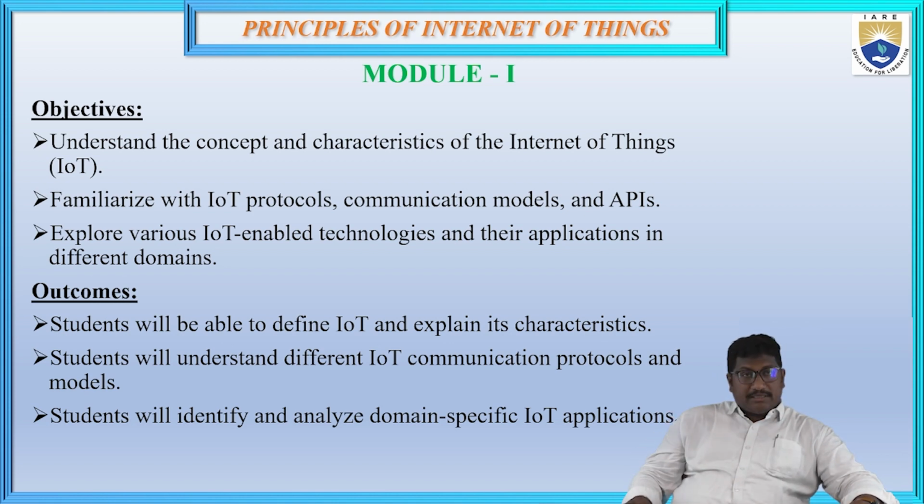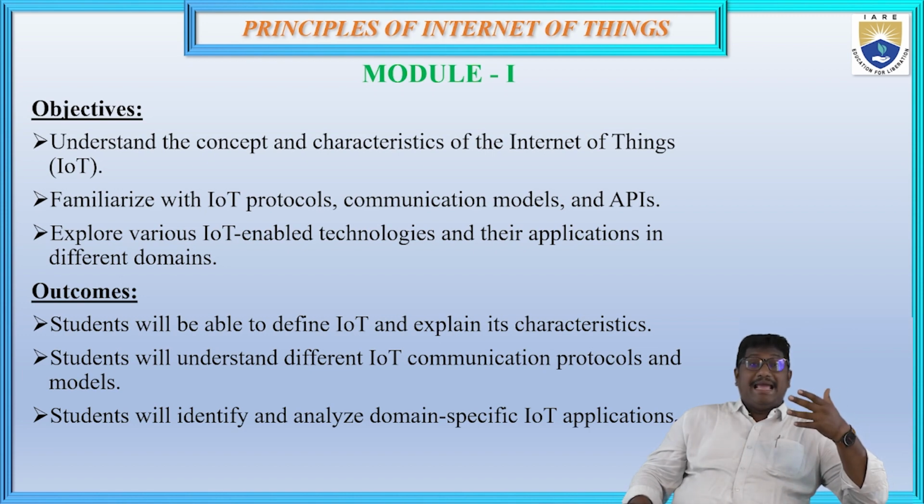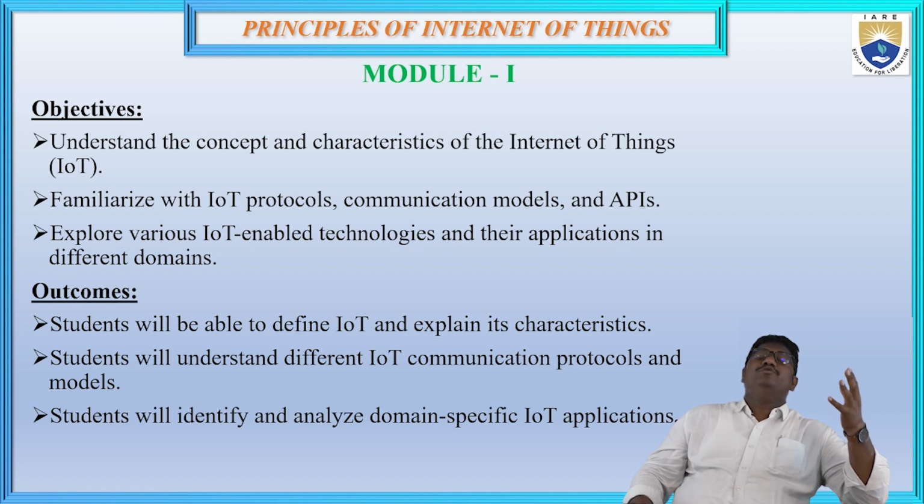Coming to the outcome, students will be able to define what exactly IoT is and explain its characteristics. Students will also be able to understand the different kinds of IoT communication protocols, and identify as well as analyze domain specific IoT. Domain specific IoT is the specific IoT system which we design using IoT.